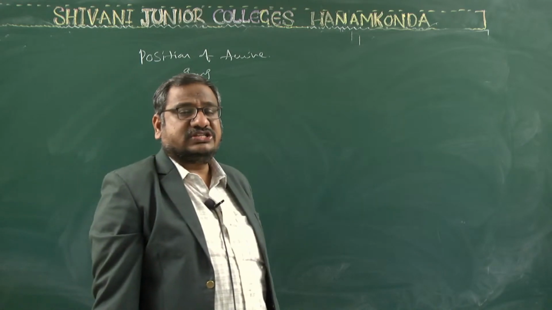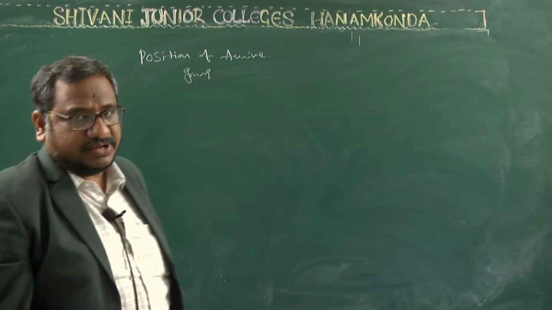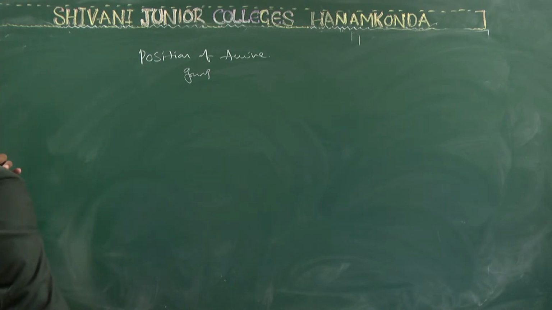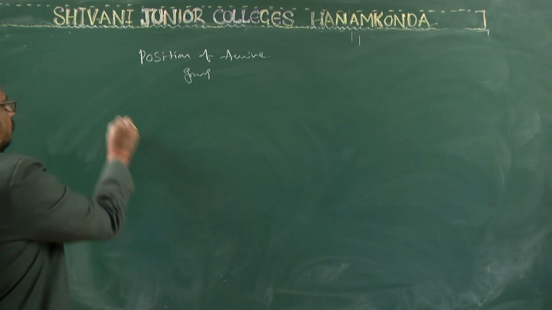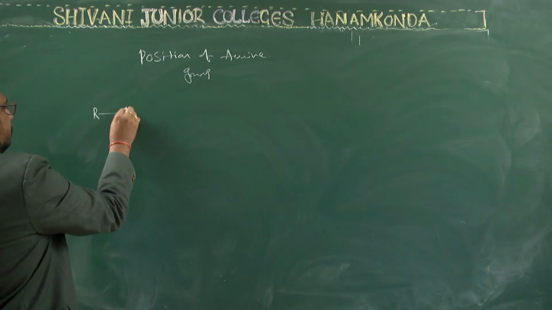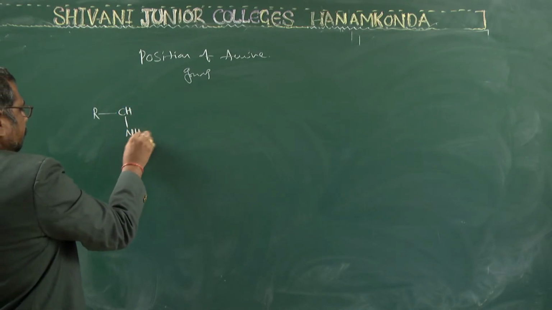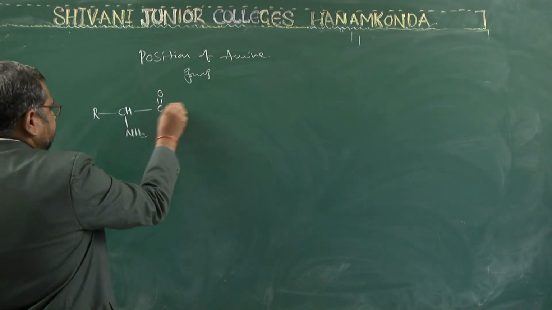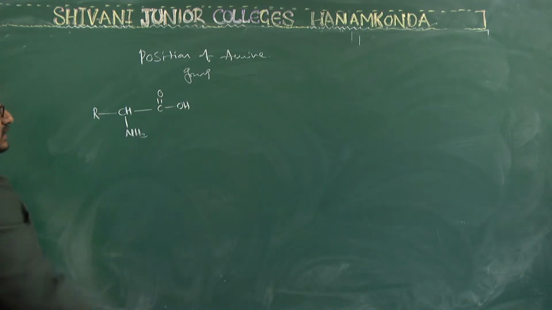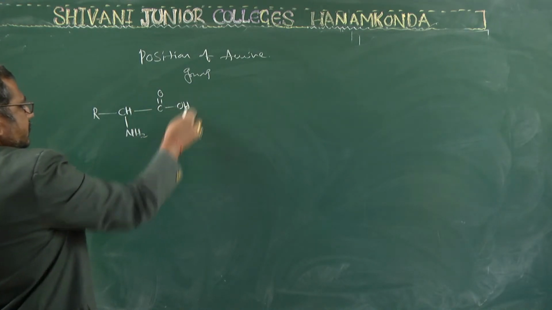The first classification is based on the position of the amine group. What groups are there? COOH group, and here alkyl group, CH, NH2 and C double bond OH. Adjacent to the acid group is this carbon.